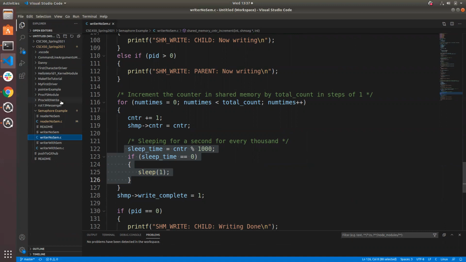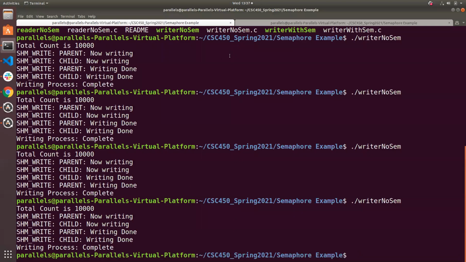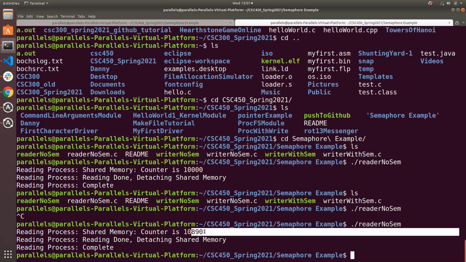Counter starts at, okay, yeah. It goes back to what we said earlier, that we're not guaranteed that this is a 0. In fact, if we look at this, it appears the parent got to 890 before the child started their counter, assuming the parent got the CPU time first.